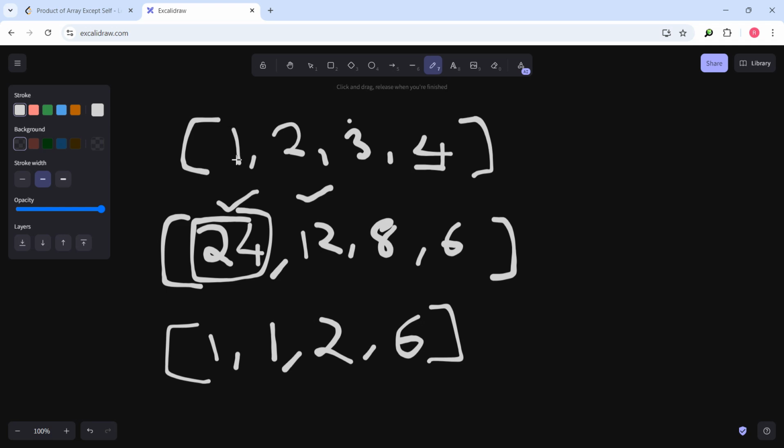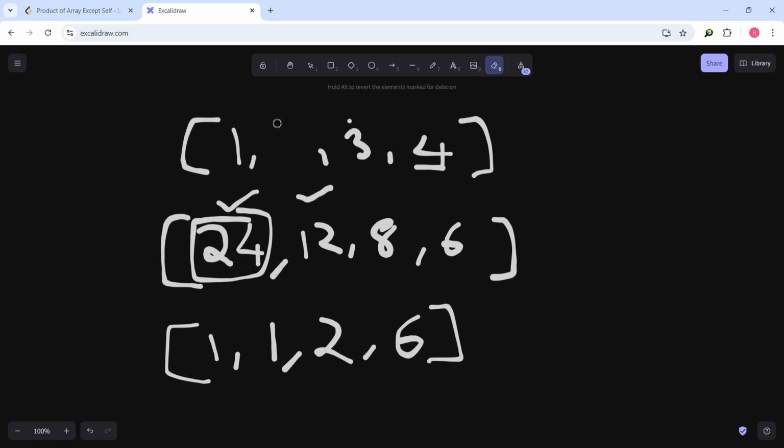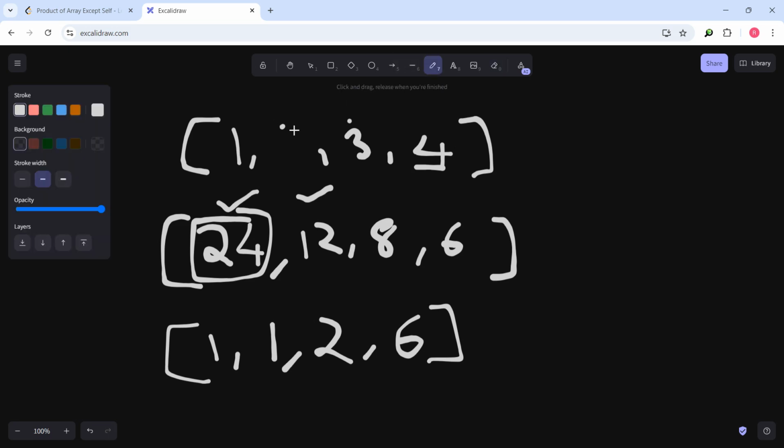We are starting from the last. So this 4 will get multiplied with its postfix. 4 does not have any postfix, so this will be 6 into 1 itself. And this 3 will be multiplied with its postfix. Postfix means whatever comes after 3. Whatever comes after 3 is 4. 4 into 2, we will get 8.